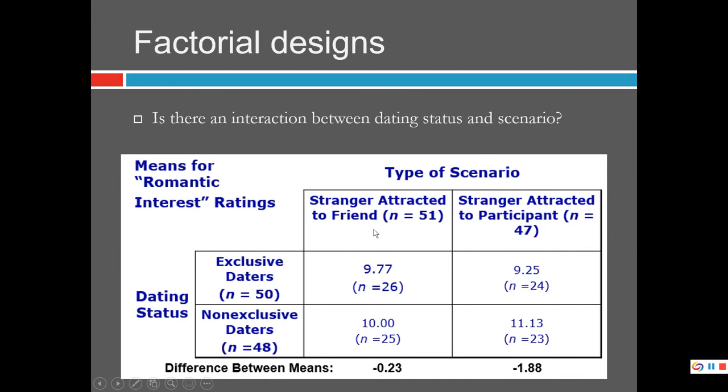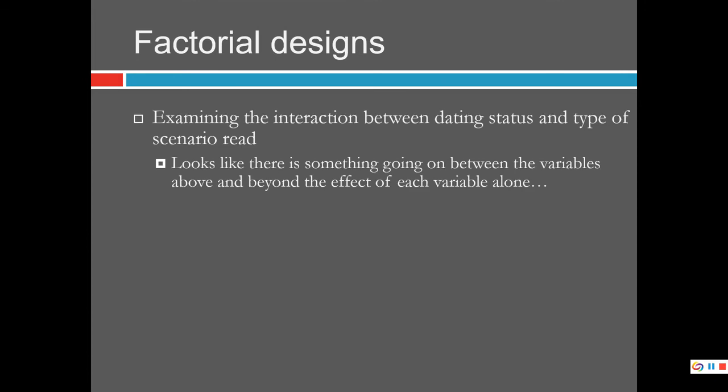When a stranger is attracted to a friend, dating status doesn't really matter, but when the stranger is attracted to the participant, dating status matters a lot. So type of scenario affects dating status. The level here affects how dating status influences the romantic interest.